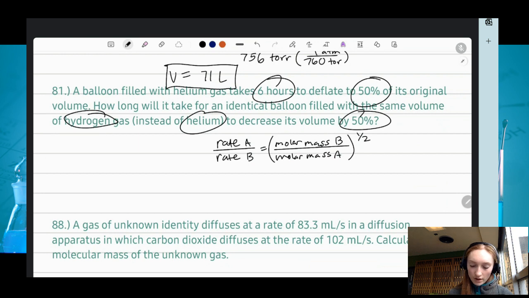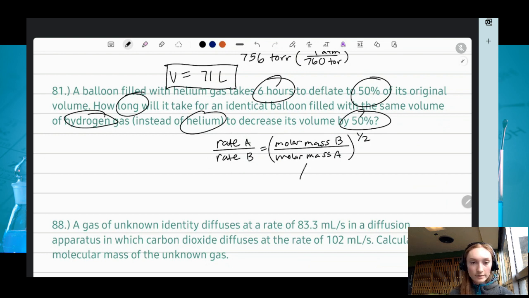Rate A will be the hydrogen gas, rate B will be the helium gas. To solve for the rate here, we will get a ratio. The rate of A divided by rate B will be the ratio between rates.